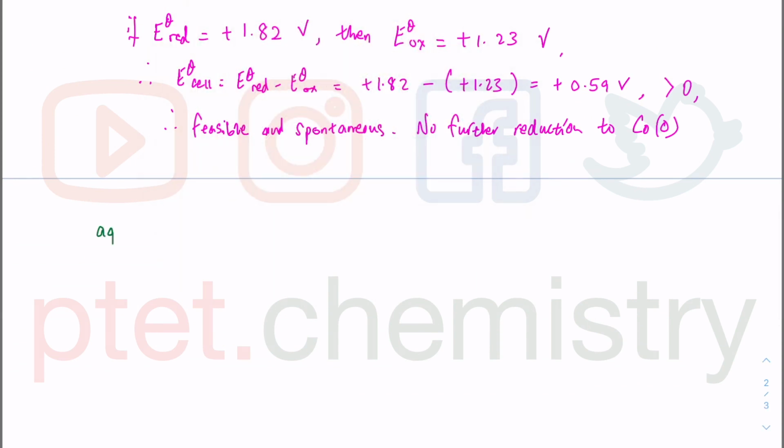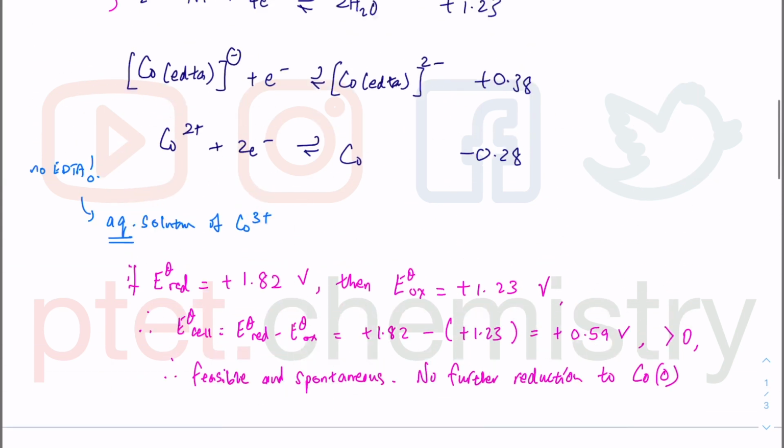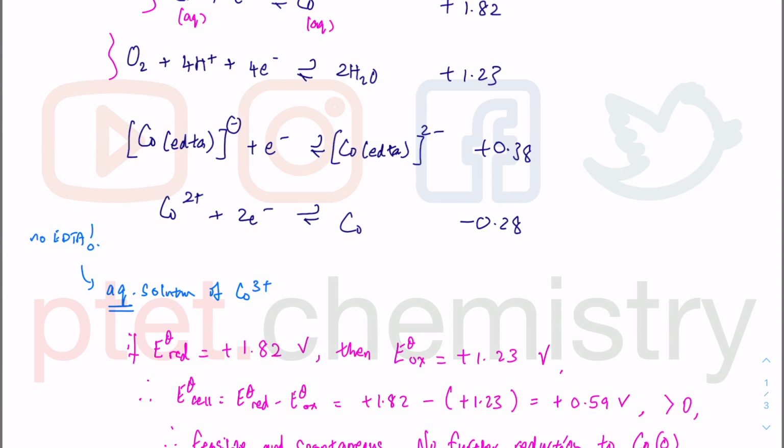So basically it says in an aqueous solution of cobalt EDTA minus. So we're going to think about the oxidation state of that particular species there. EDTA comes as EDTA 4 minus. So since it is EDTA 4 minus, the oxidation state of the EDTA ion is minus 4.